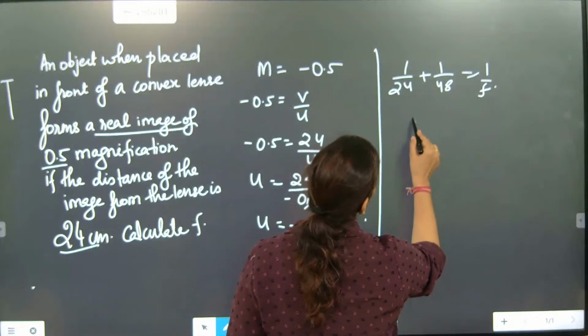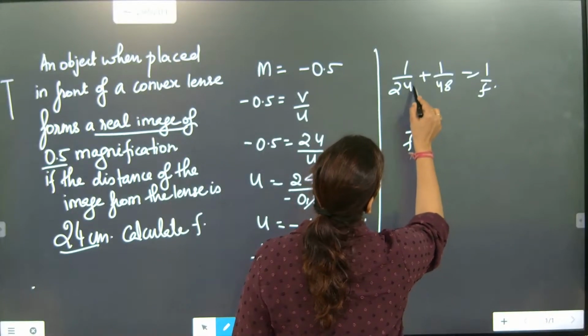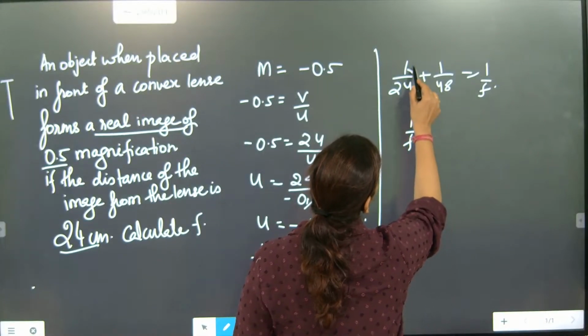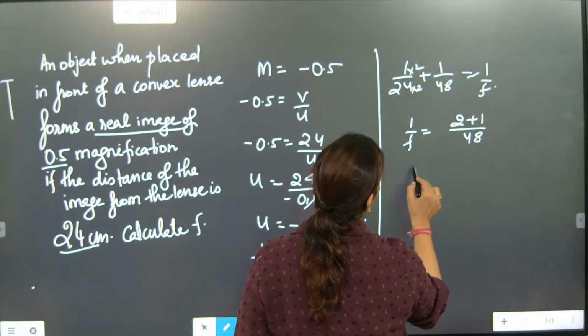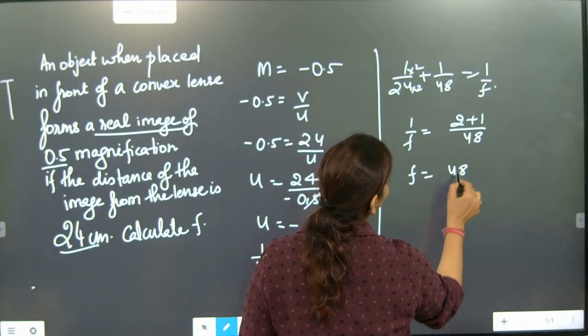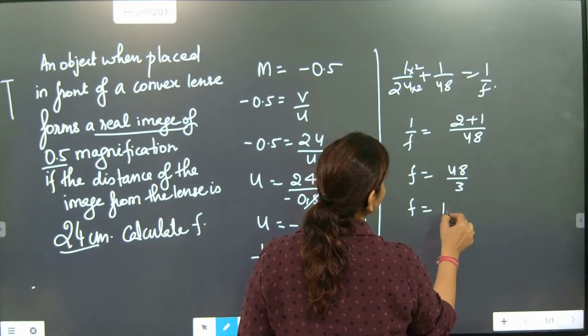So now we will write 1 by F is equal to. Here we will multiply with 2 up, 2 down. So it is coming 2 plus 1 by 48. So F is equal to 48 by 3. So F is equal to 16 centimeter.